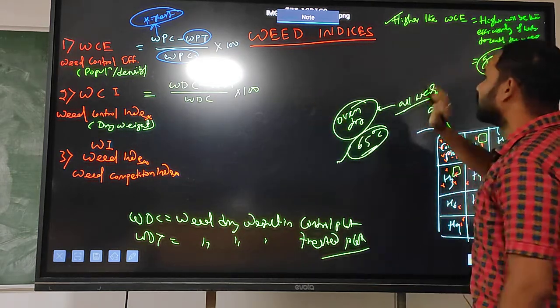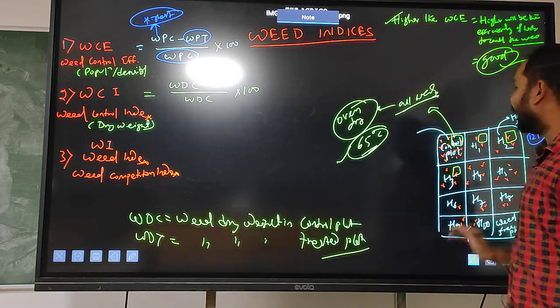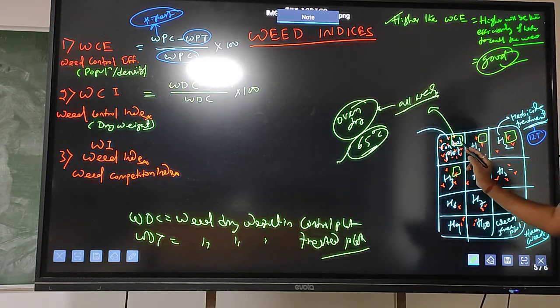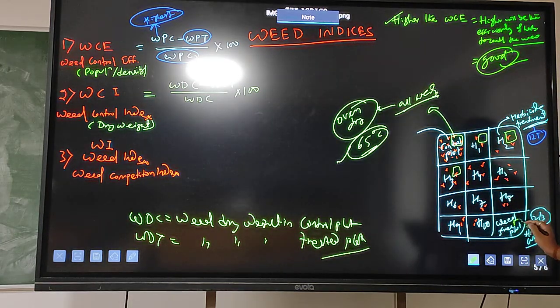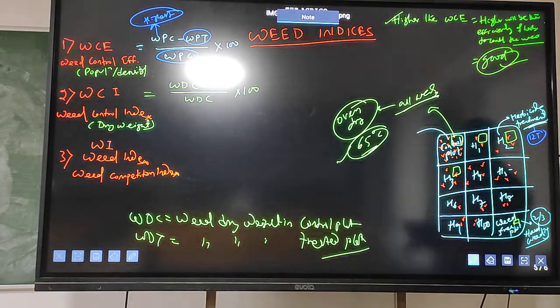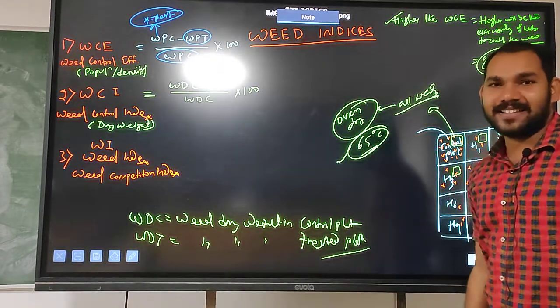Now put the value. This is also similar. The weed dry weight will be maximum in the control plot, and the weed dry weight will be very minimum in the weed free plot. Likewise, you put the data and get the answer.